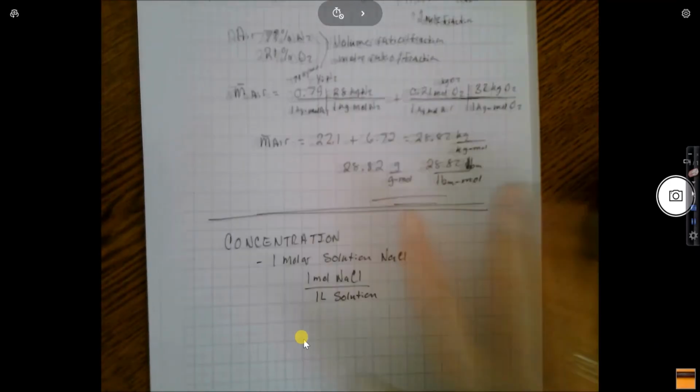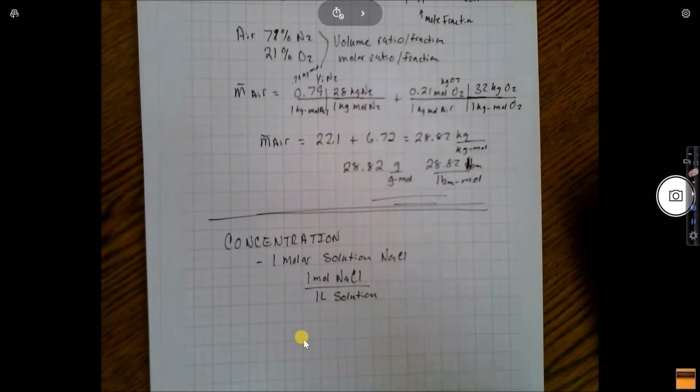So that's what molarity means. If we have a 1 molar solution of sodium chloride, that means there's 1 mole of sodium chloride per 1 liter of solution.